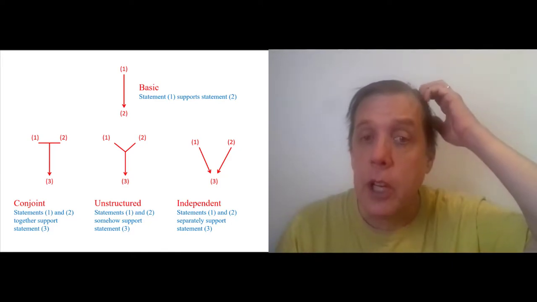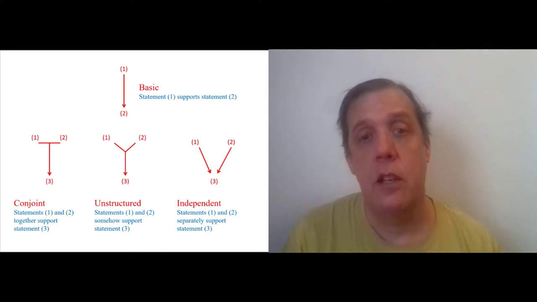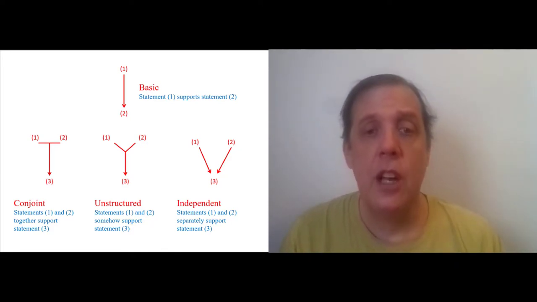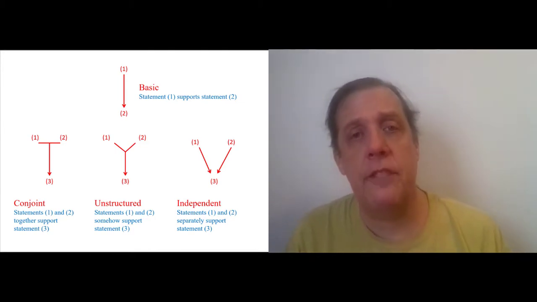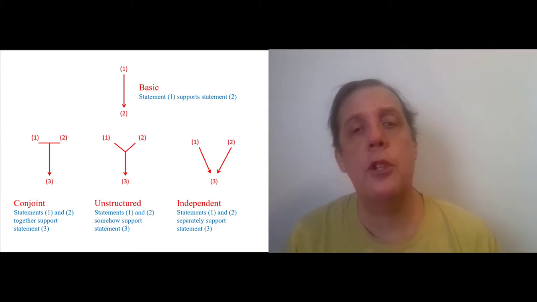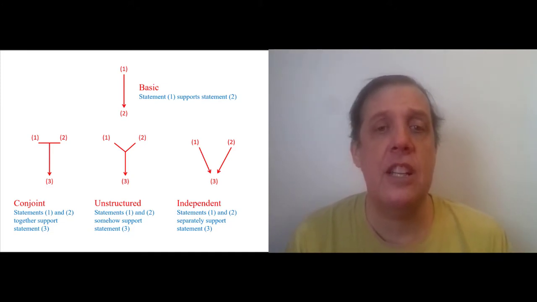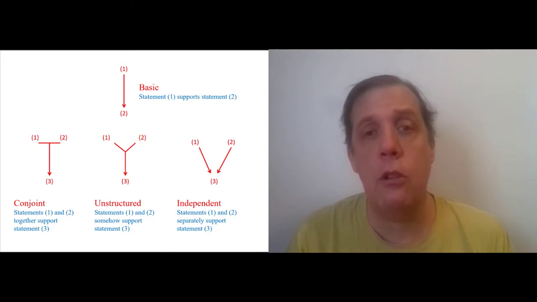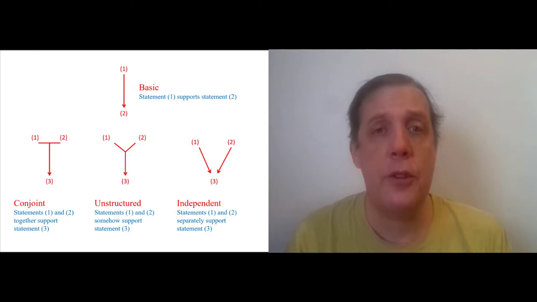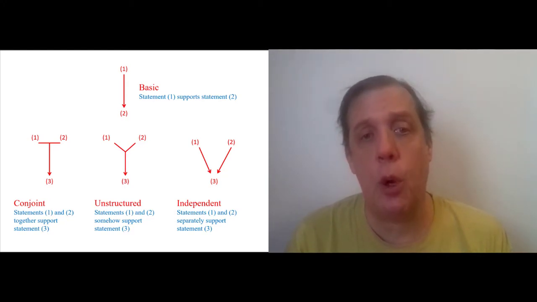The other extreme is independent premises. You represent these with a V diagram, where you have two separate lines going to the conclusion. And this means that in each case, statement 1 and statement 2 are on their own sufficient to prove statement 3 in the context that you are working in.